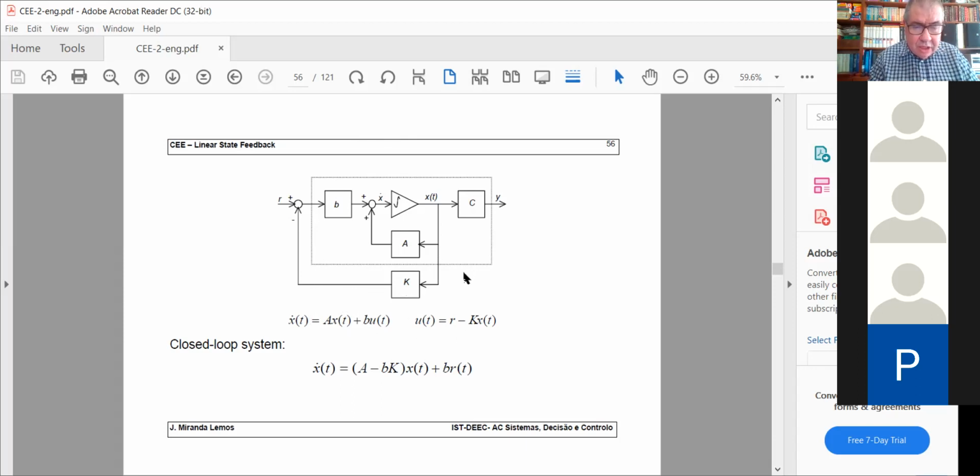So if you want to have an equation for the closed loop, you just plug this there, so you get Ax plus Br minus BKx, and you collect the terms in x and you get this equation. Is it obvious to everybody that this last equation is equivalent to the coupling of the previous two equations, eliminating the u?